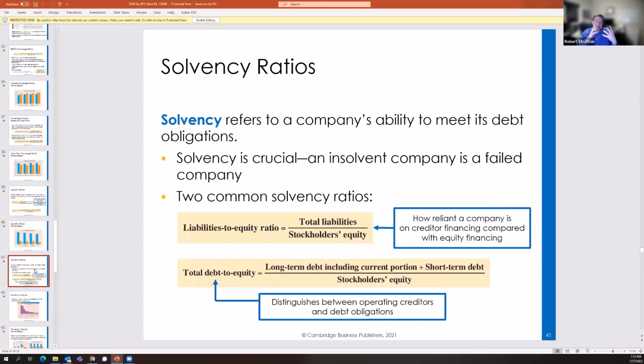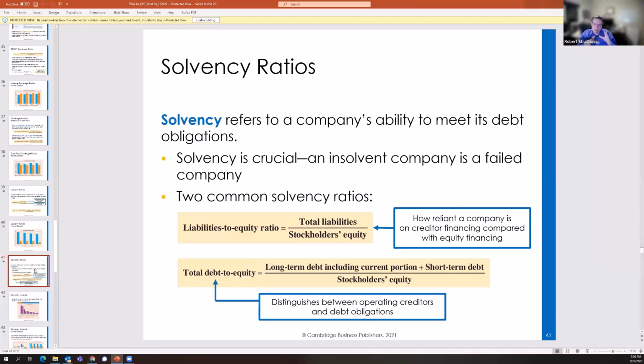Okay, and then the last chunk of ratios here is solvency. This is how likely the company is going to be able to meet its debt obligations. The solvency is pretty crucial. There are two common solvency ratios: total liabilities over shareholder equity, and total debt over shareholder equity.